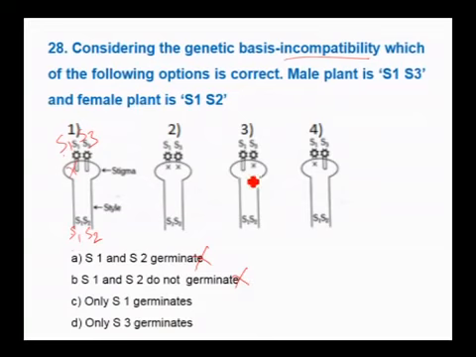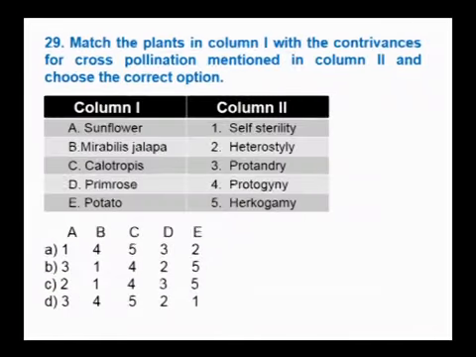In the third, S1 germinates. See, this is also S1, this is also S1, the same plant, therefore in self incompatibility there is no germination, so this is also not possible. Here S3 is germinating. Here we have S1 and S2, and S3 is from some other plant, therefore only S3 germinates, so the correct answer is D.